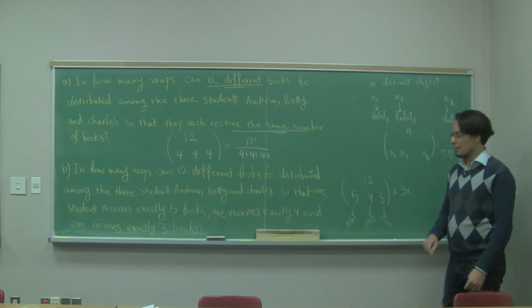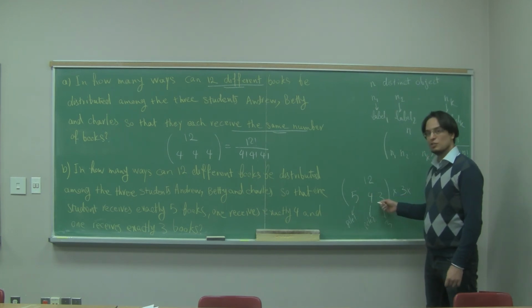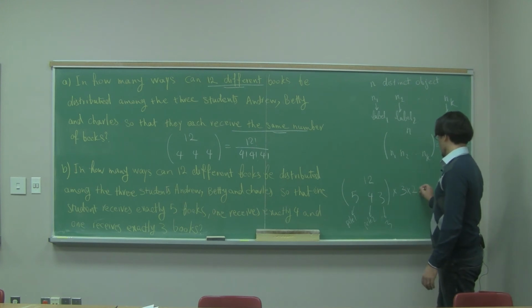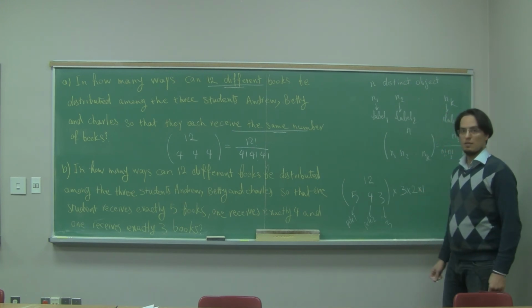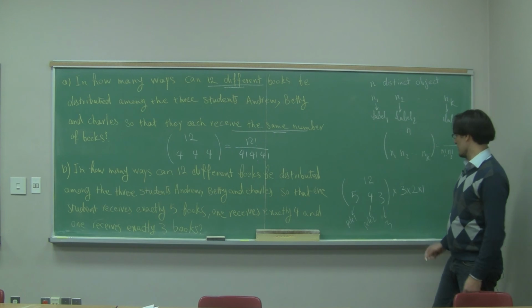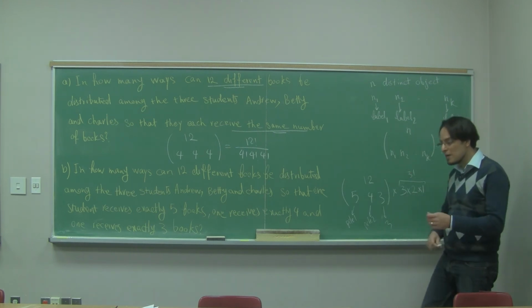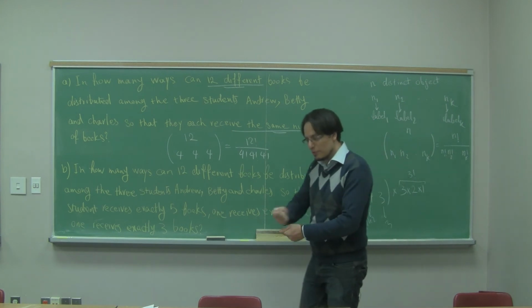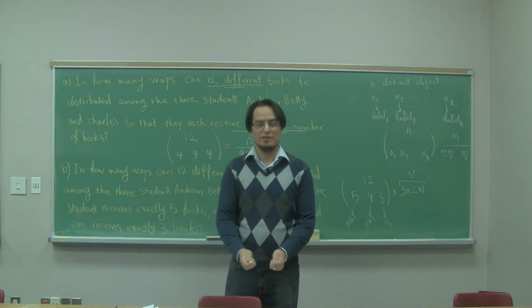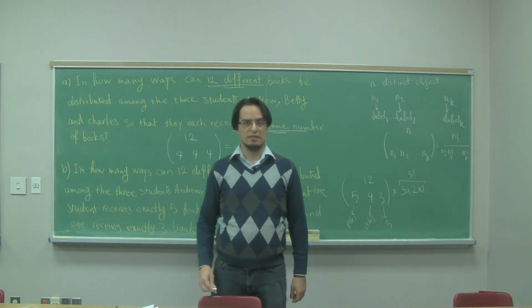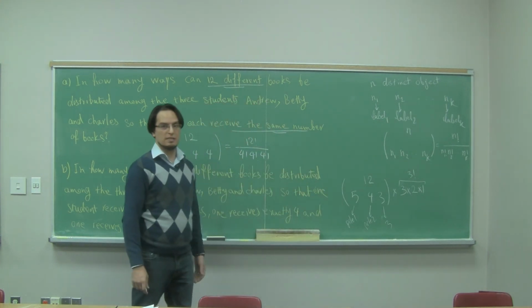Next one, Betty, has only 2 because one of the piles is already given, and the last one, Charles, has 1 option. Basically, this is the number of ways I can distribute these 3 different piles among 3 different students, such that they get exactly 1 of them. So that's the permutation.